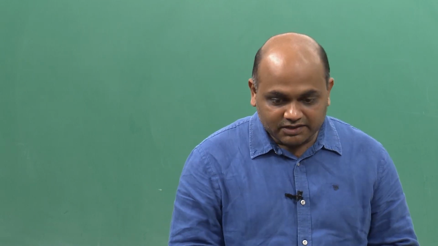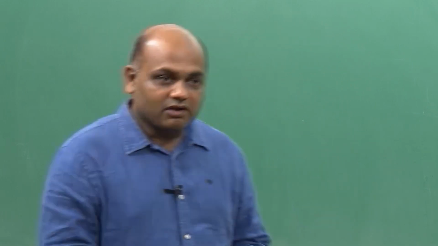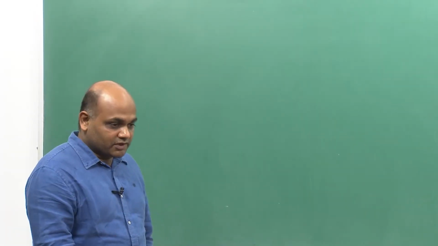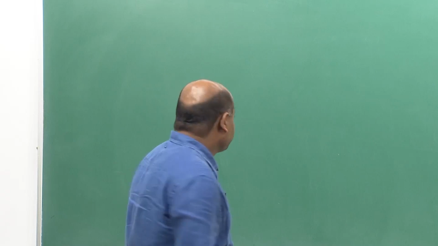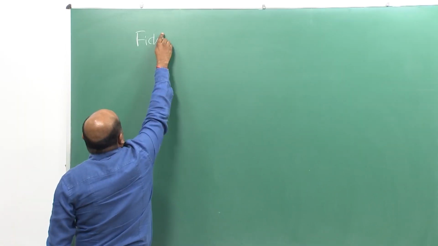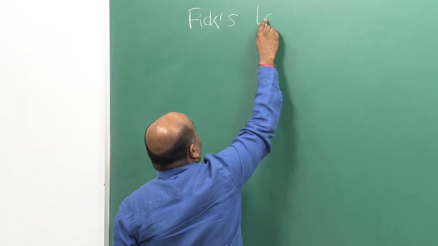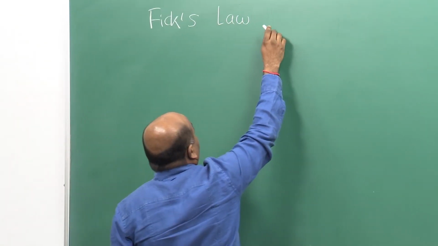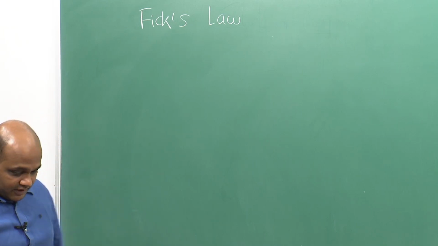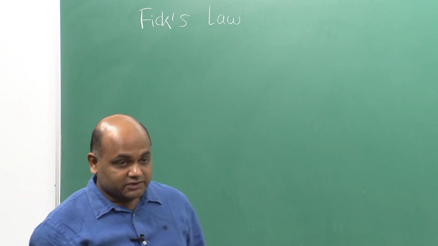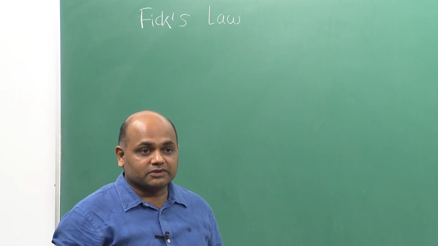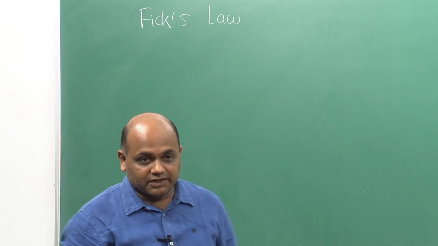And in studying this approach, Fick's law is probably the most important that we need to study. So, we will talk about Fick's law today. What it says is the diffusion flux of a component i is proportional to the concentration gradient.